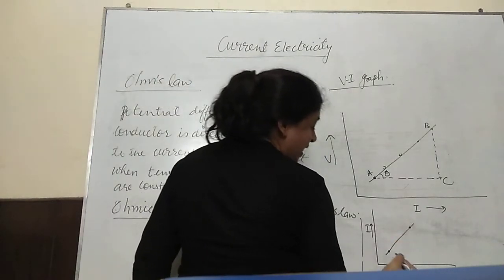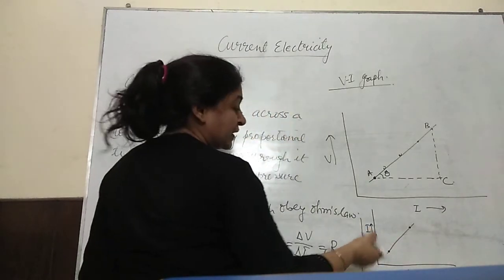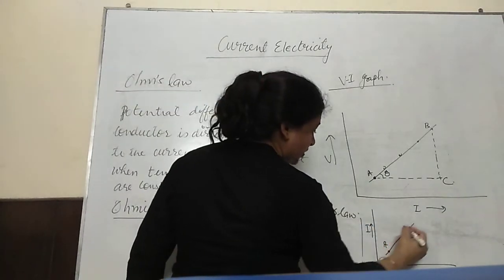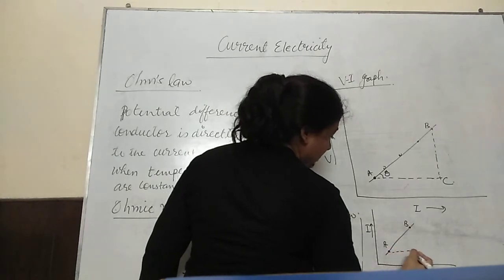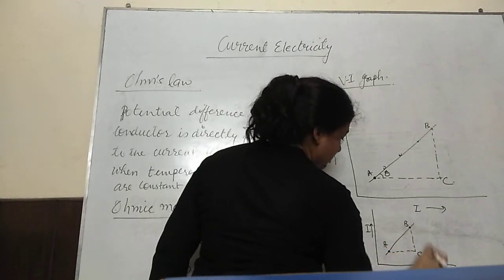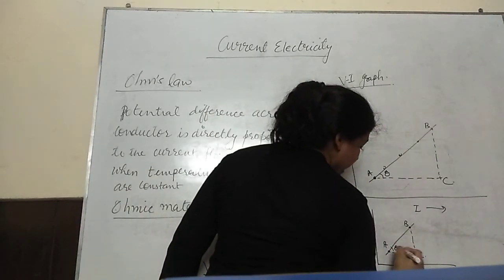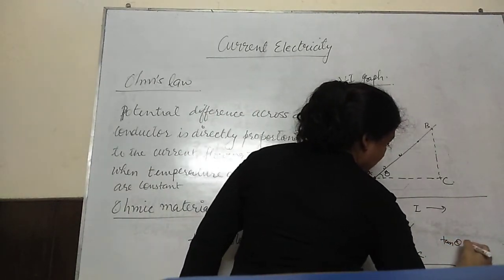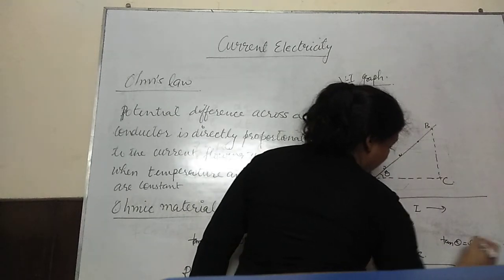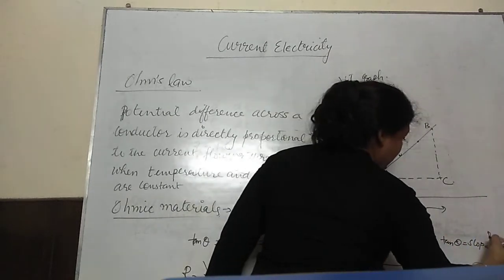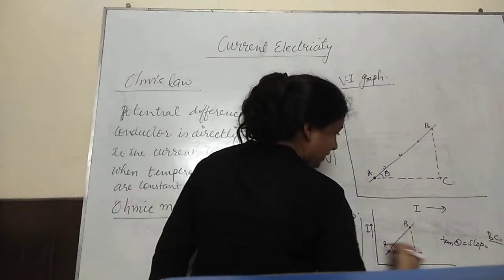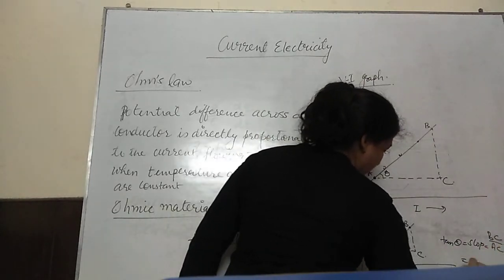So there is no problem in this graph also. You may get this. Now let us find the slope of this graph. Let us consider this point is A, this point is B, and this point is C. Slope of this graph means tan theta, that would be the change along the Y axis BC over the change along the X axis AC. So what is BC here?